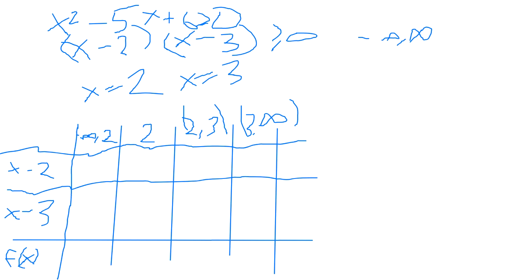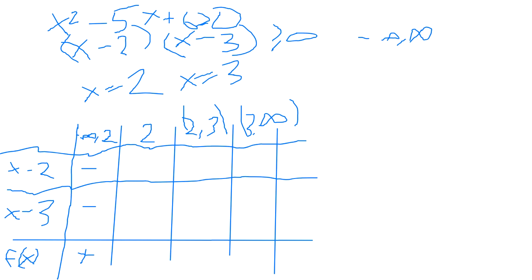Negative. So I'll put negative here. And x minus 3, if I put a 0 here, will I have a positive or a negative? Negative. So negative and negative will give me what? A positive. Good.